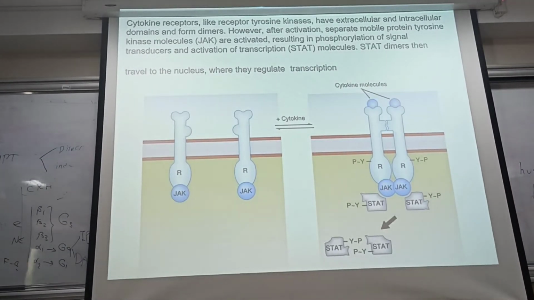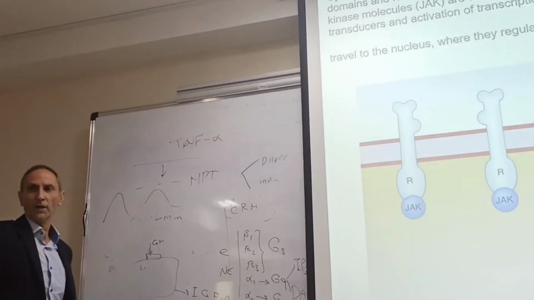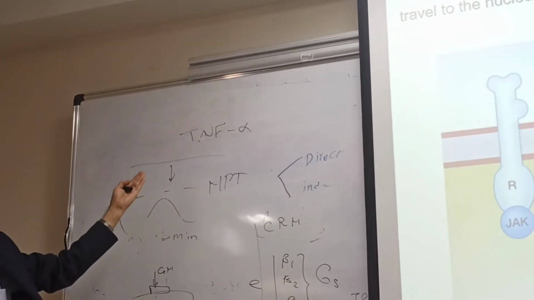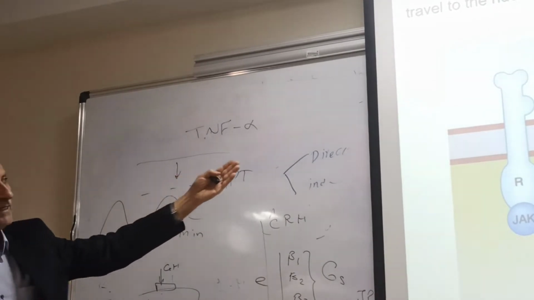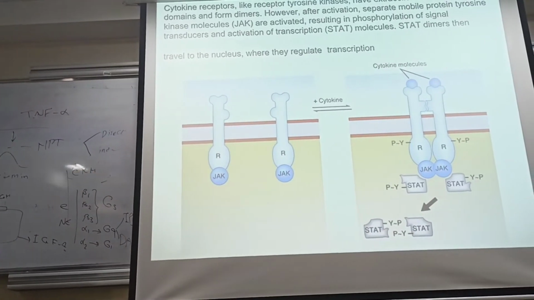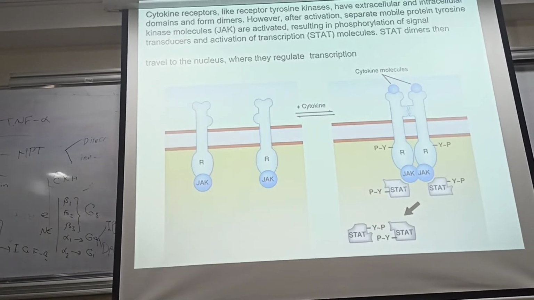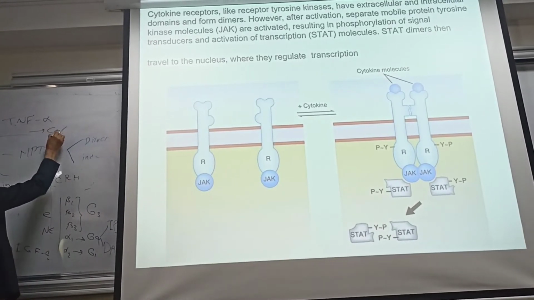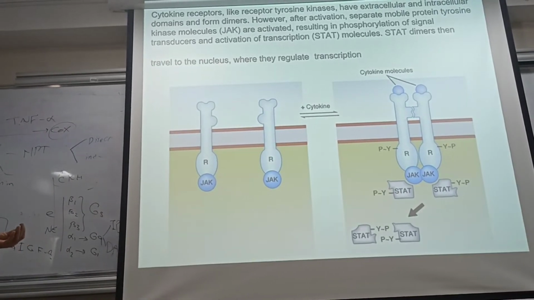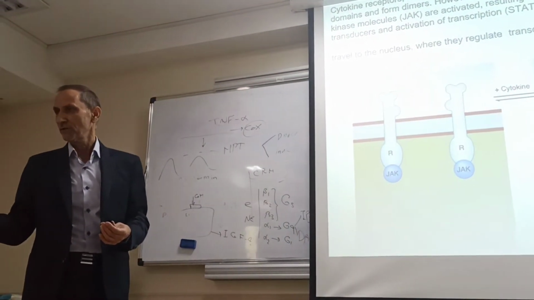You have heard about tumor necrosis factor alpha, TNF alpha. Okay? This is a cytokine, and it can activate this pathway. The result is expression of some genes. For example, the expression of COX, or cyclooxygenase, is increased. Cyclooxygenase is involved in the inflammatory response.